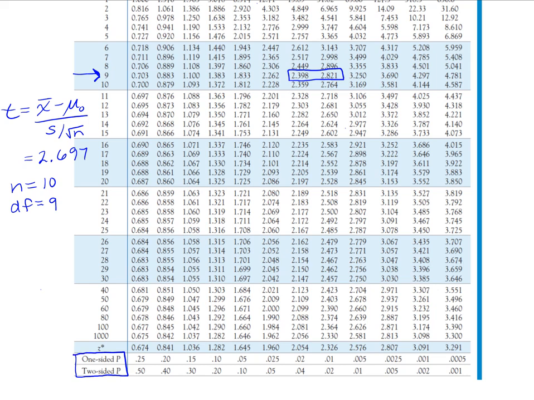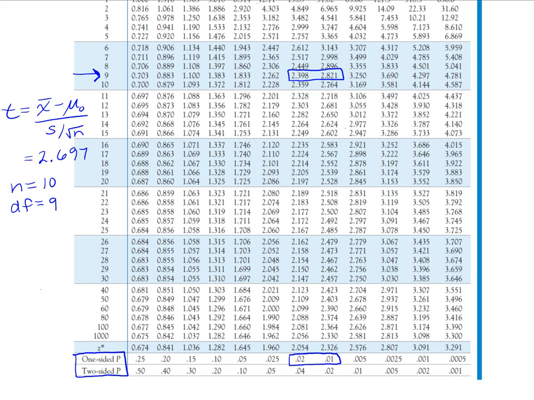So if in fact it is a one-sided test, we take these two values because they correspond down the same column as the value where t would fall. So we can see that the p-value then would be between 0.01 and 0.02.